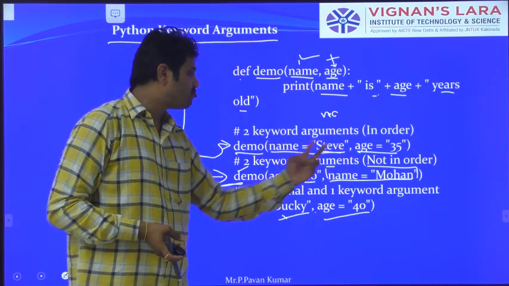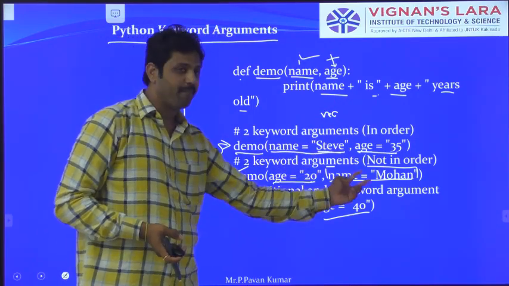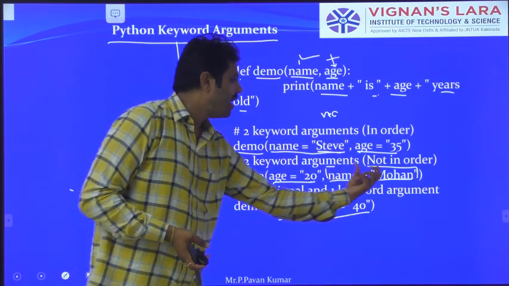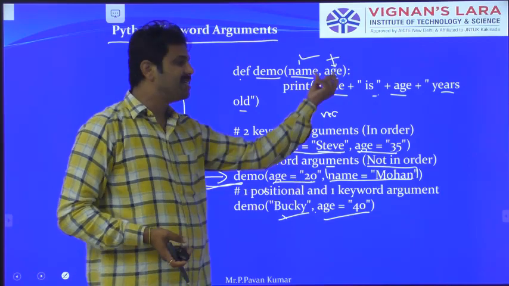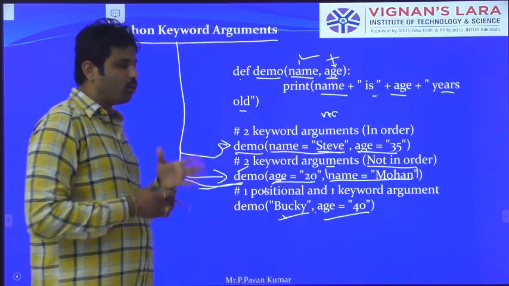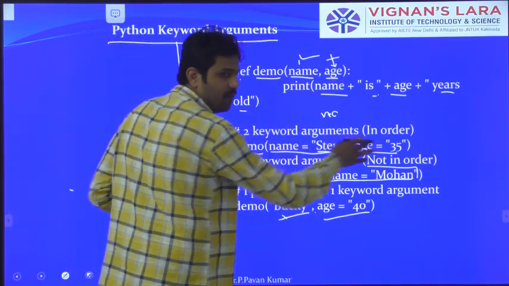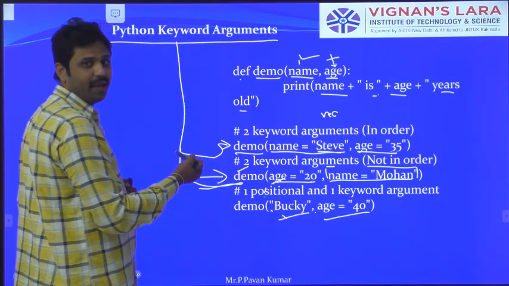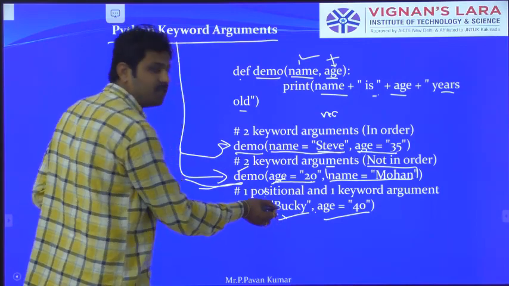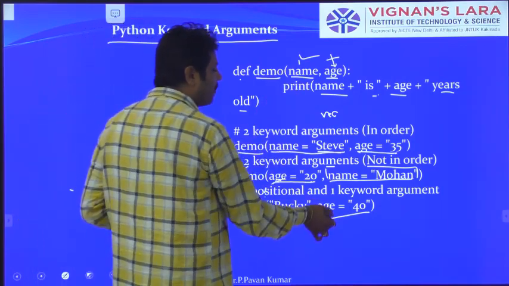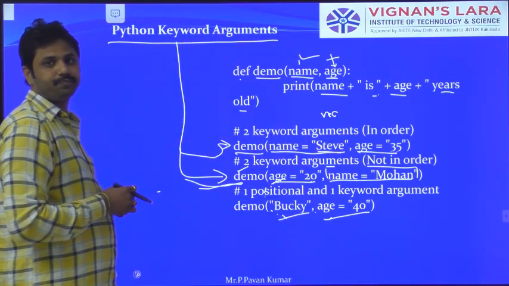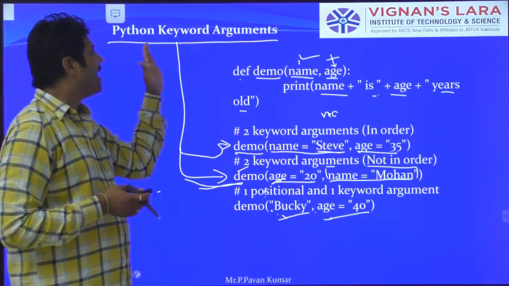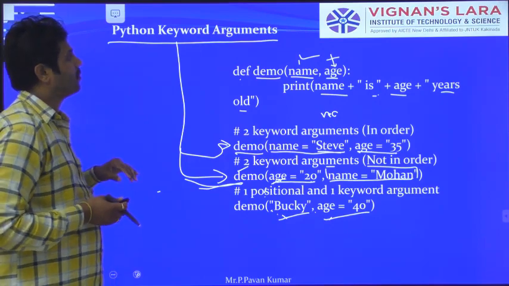Next, you just reverse it. Age, name. If you write like this also, the compiler takes name as Mohan, age is 20. No need to write in a sequential way. Okay. Next, here I am not mentioning name here. So of course, if you do not mention it, it will take Bucky and age. Like this, you have to work it out. This is the concept of keyword argument.